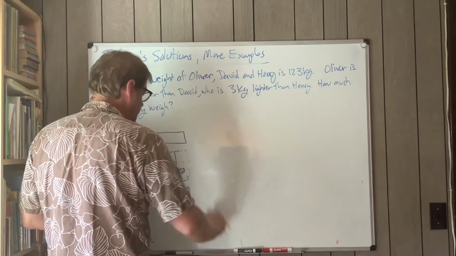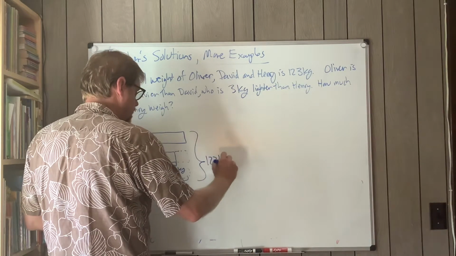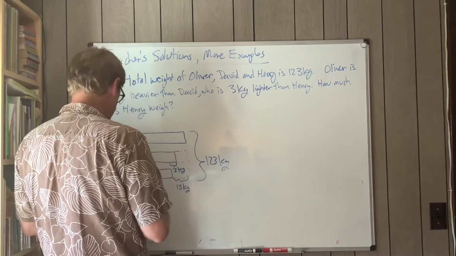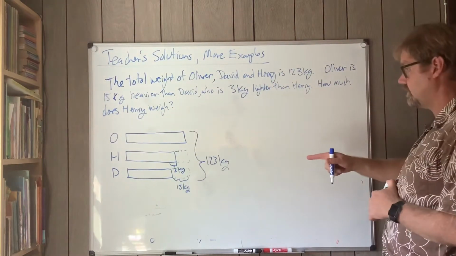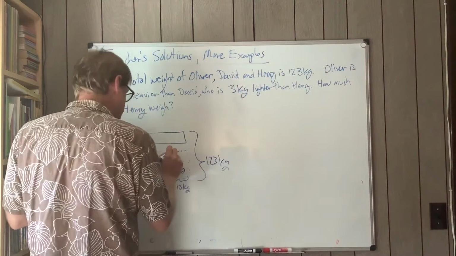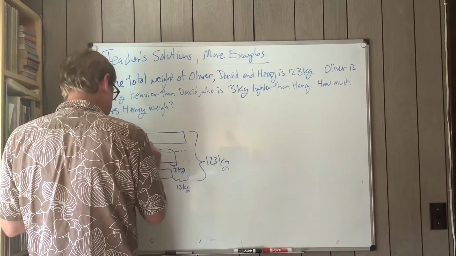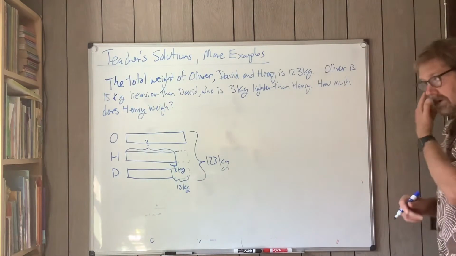There's 2 more things I didn't label. First thing I need to label, they weigh a total of 123 kilograms, and I also need to put in here that Henry is what we're looking for. Sorry about that.